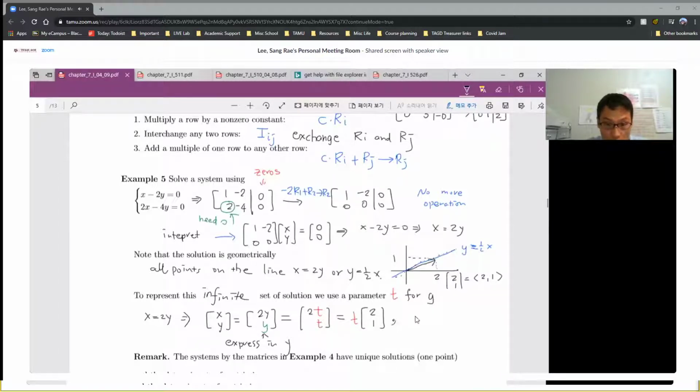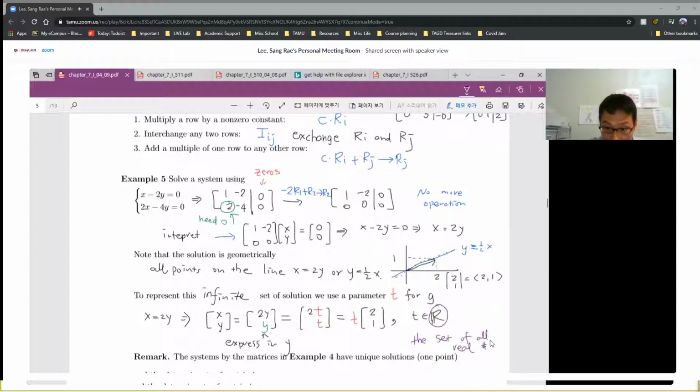One thing to add is you declare that t can be any real number. This notation, the fancy capital R, is the set of all real numbers.